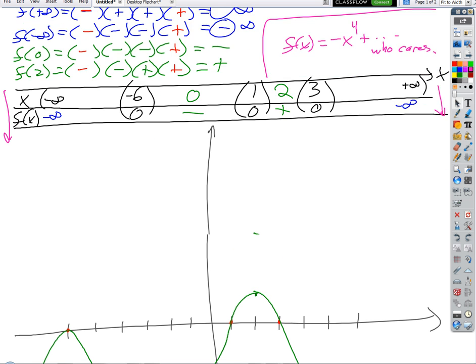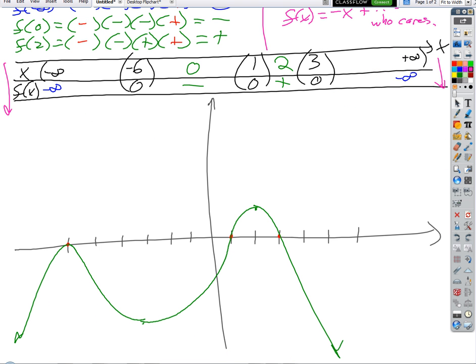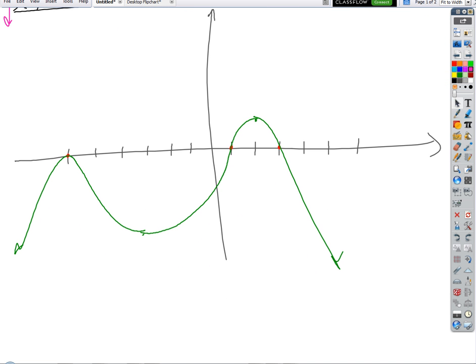So we know then that this has got to be a tangential one, and these two have to be zeros that cut the x-axis. We could have built this function without even the table, couldn't we? We know what the end behavior is. What's the only way we could put these pieces together?